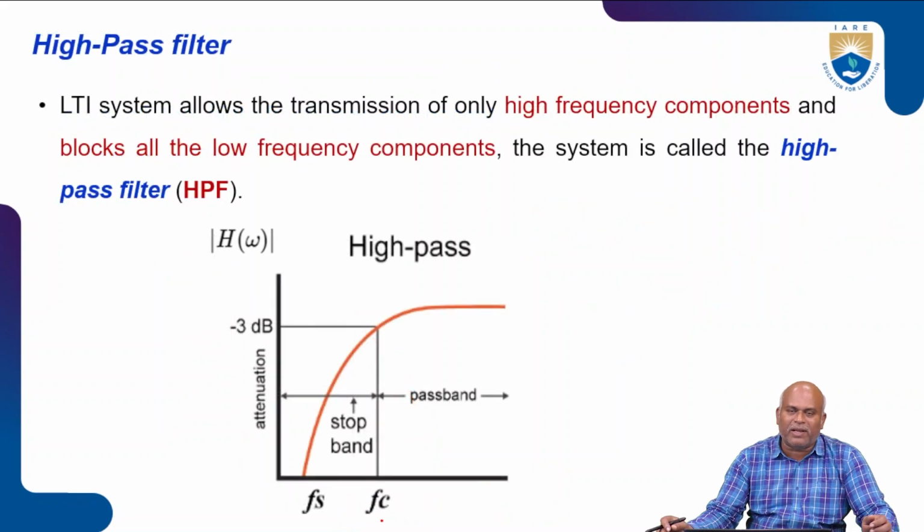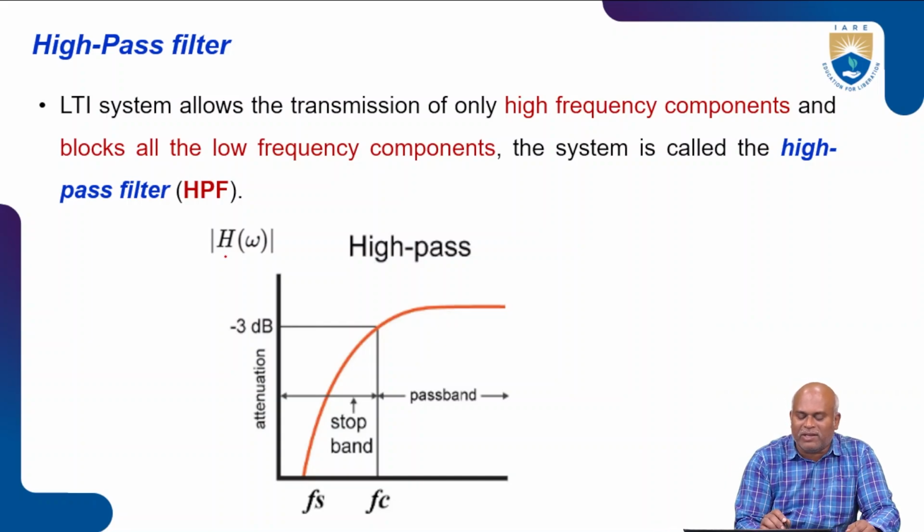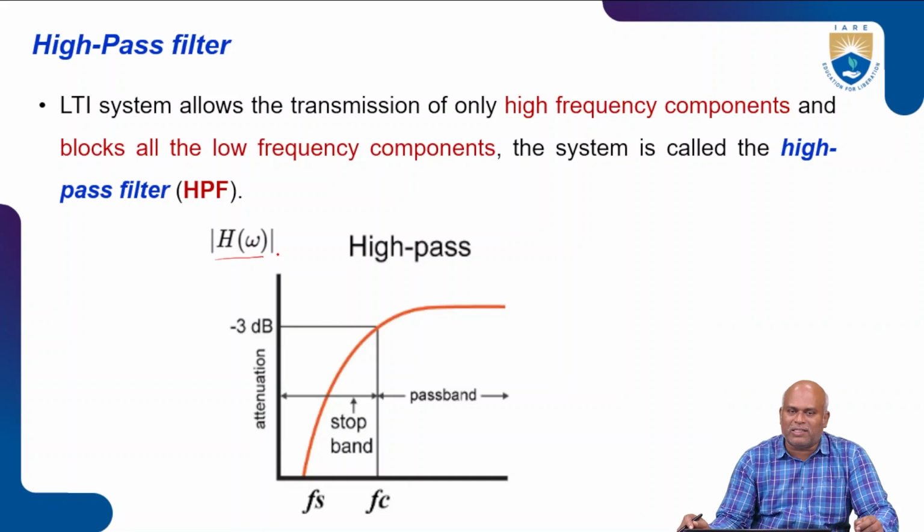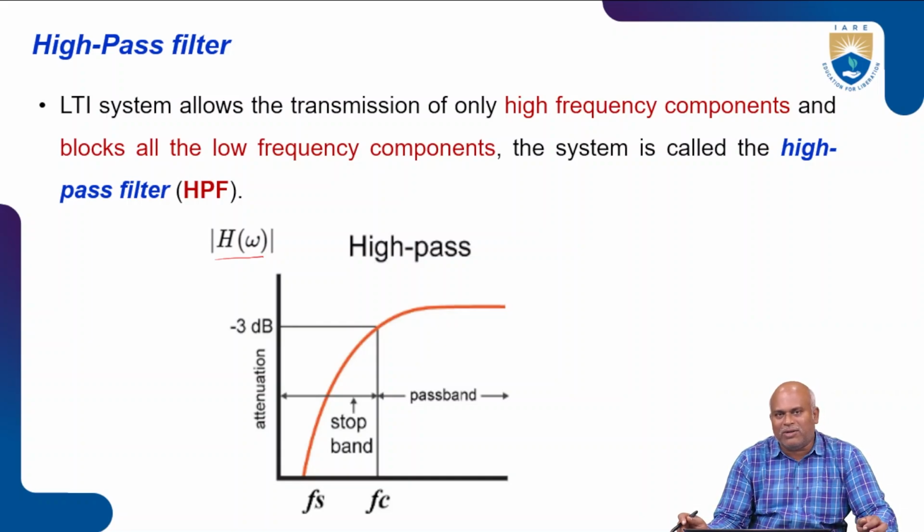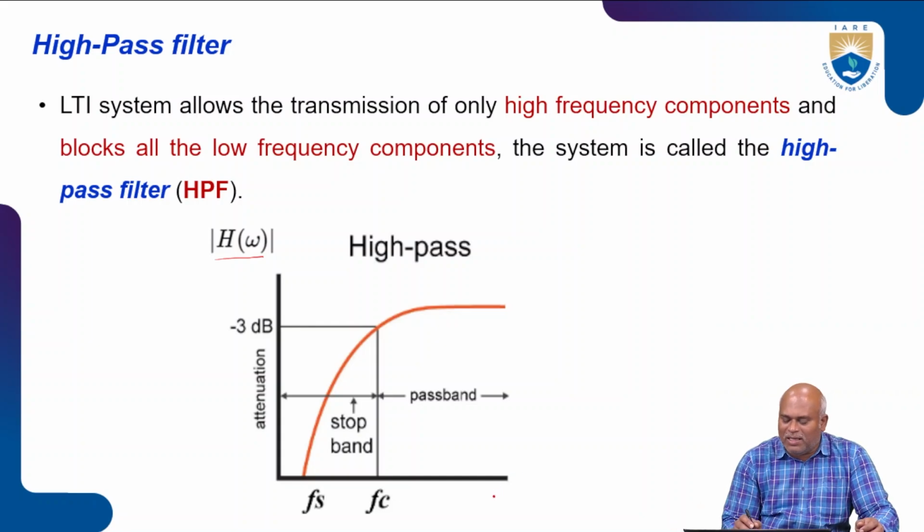Next, we go to the high pass filter. The high pass filter is the opposite of the low pass filter. It allows only higher frequency and stops lower frequency. Here also I take the frequency response of the Fourier transform, with the magnitude response represented as mod of H of omega against the frequency value.